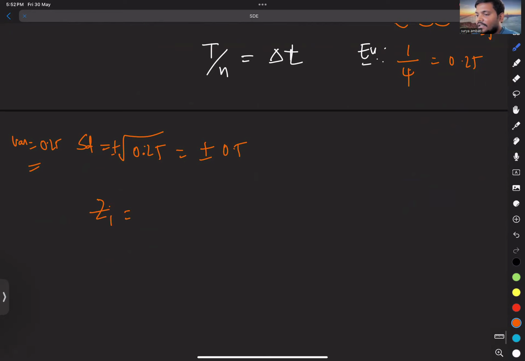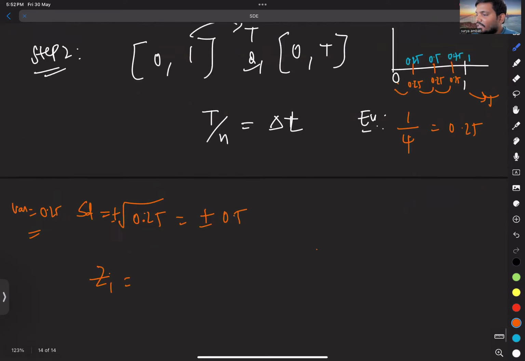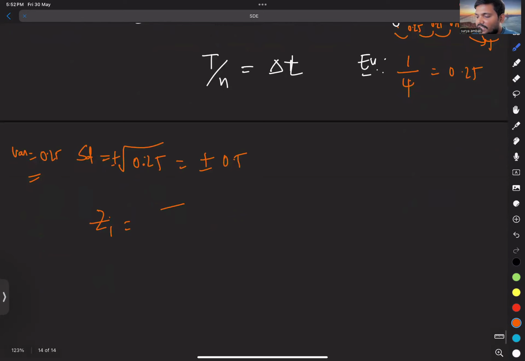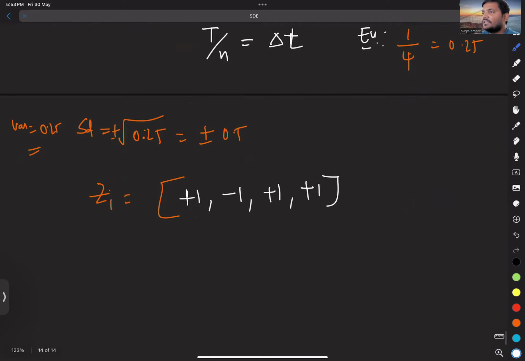In these 4 steps, let's imagine the drunken person again took 4 steps. The first step is +1, the second step is -1, and the third step is +1, and again +1. So these are right directions, with the second step in the left direction.